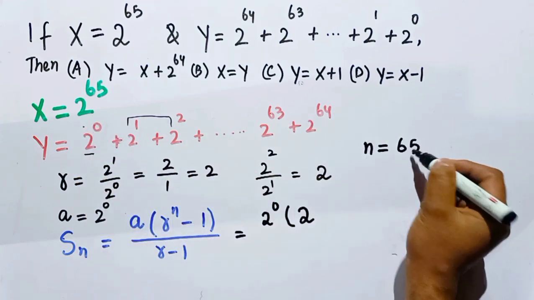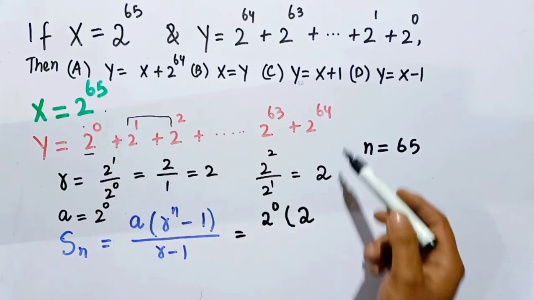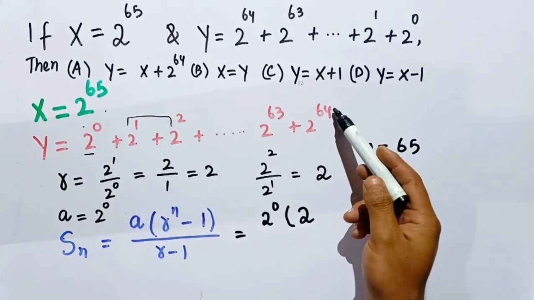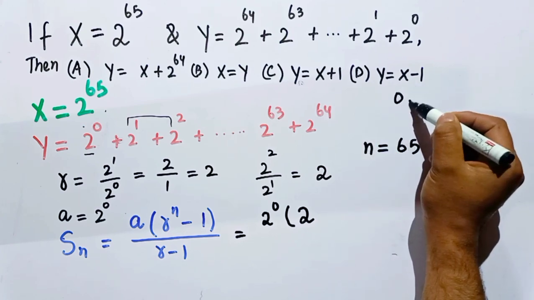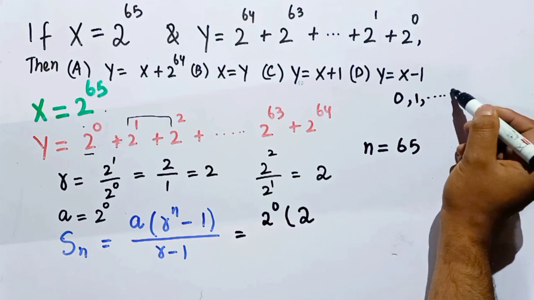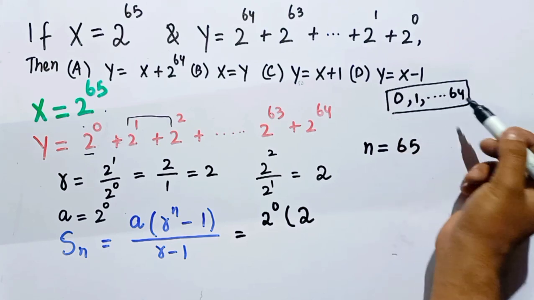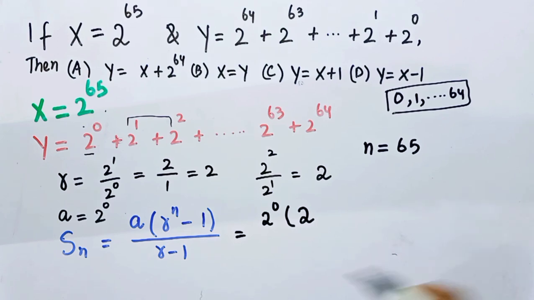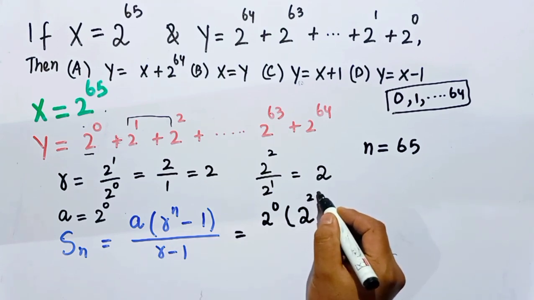Remember, our first term is 2 to the power 0 and the last term is 2 to the power 64. We are counting from 0, 1 up to 64, so it will come out to be 65 terms, not 64. So n means 2 to the power 65.